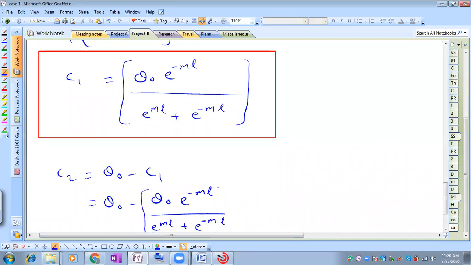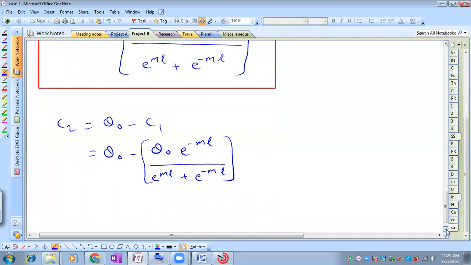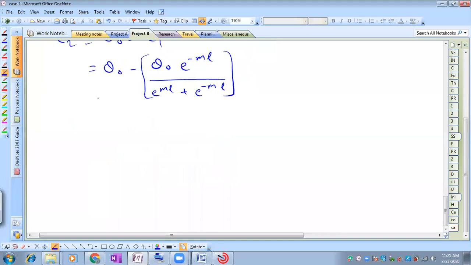You have to simplify this value. So what value will we get for C2? We'll take theta 0 common. So the left part is 1 minus e raised to minus mL upon e raised to mL plus e raised to minus mL.